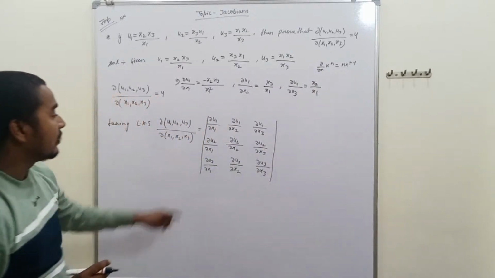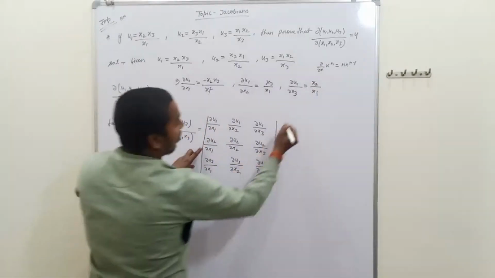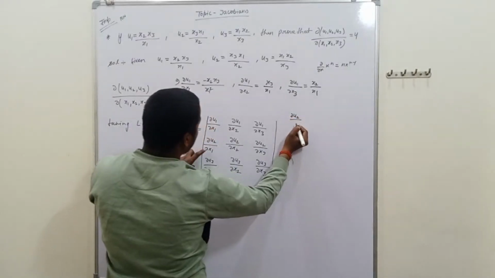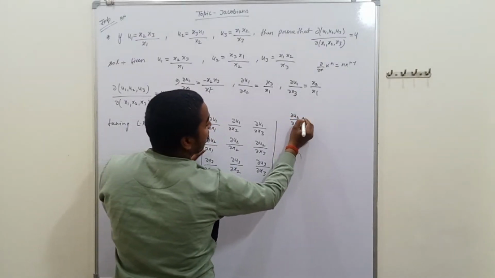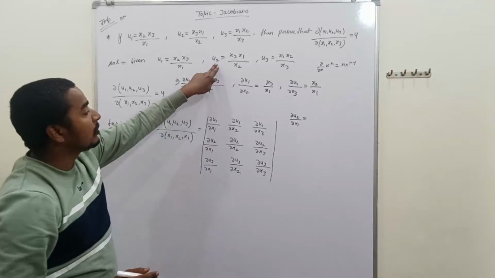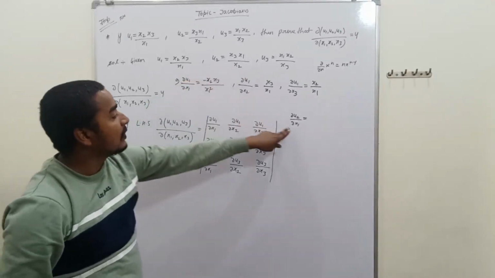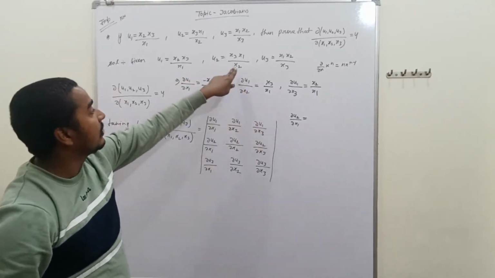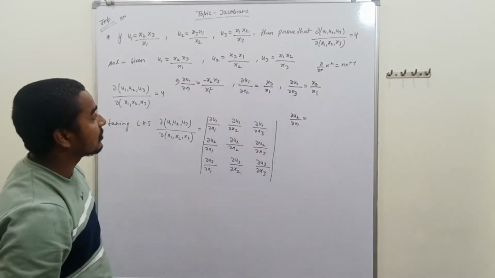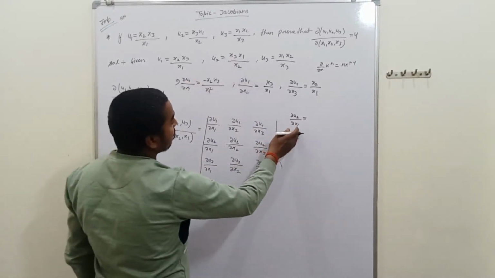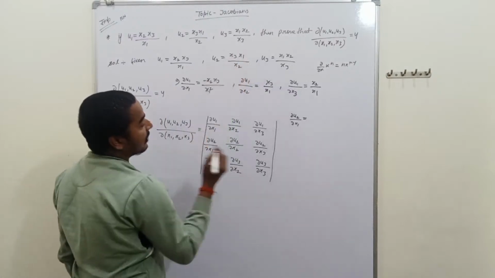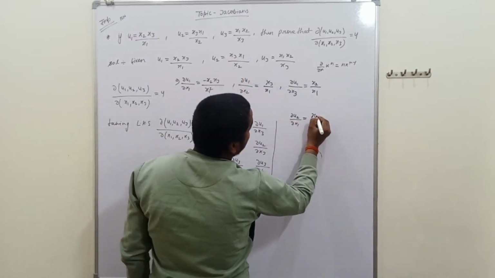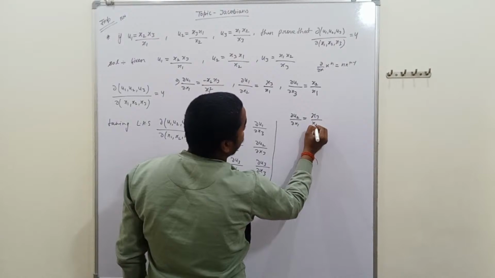Further we have to find del u2 upon del x1, the value of u2 differentiating partially with respect to x1, taking x2 and x3 as constant, and differentiating x1 with respect to x1 is 1, then remaining is x3 upon x2.